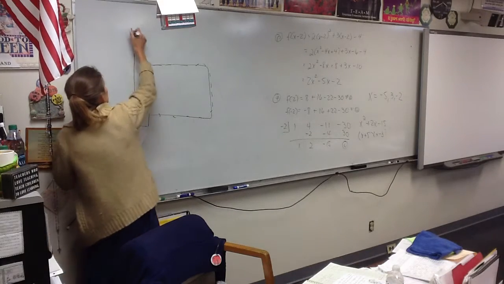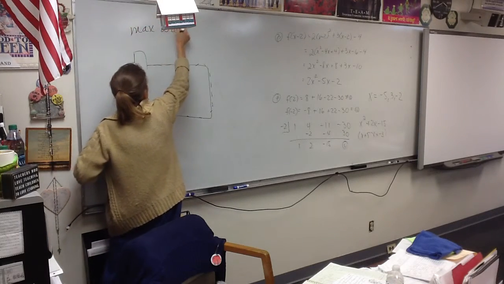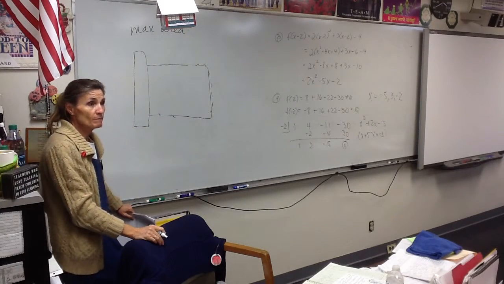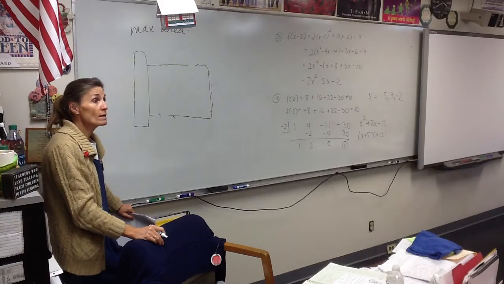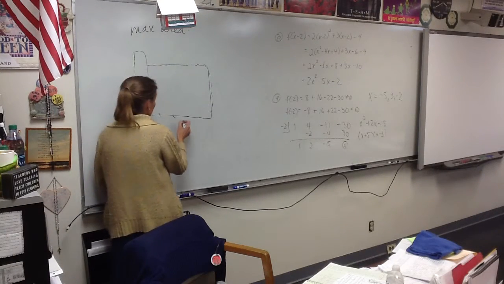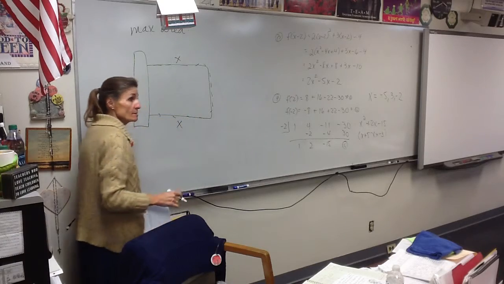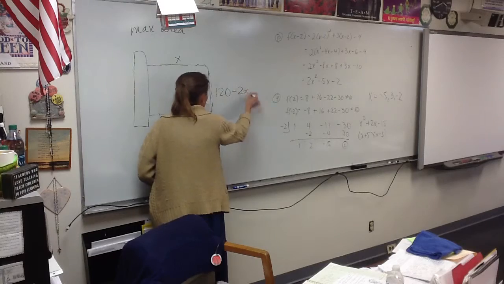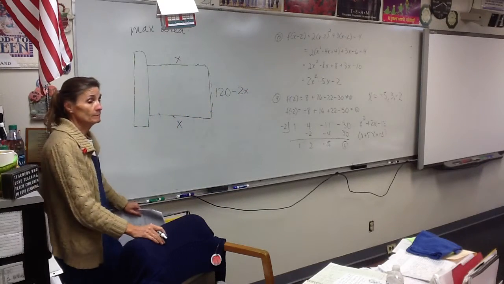Okay, we're going to maximize the area. So here we go. What's going to be your strategy? 120 meters of fencing. What, Hannah? The length for each fence, and let those be x, and then the left side is these 2. Everybody okay with that setup?